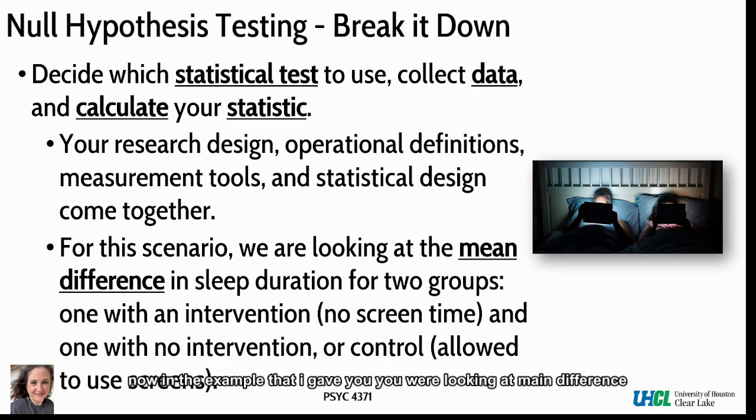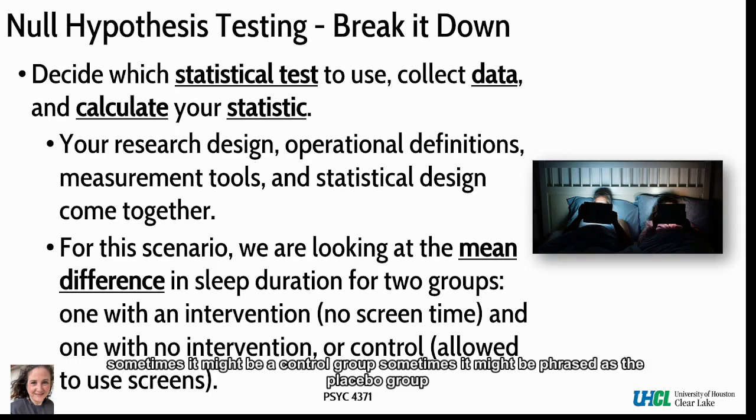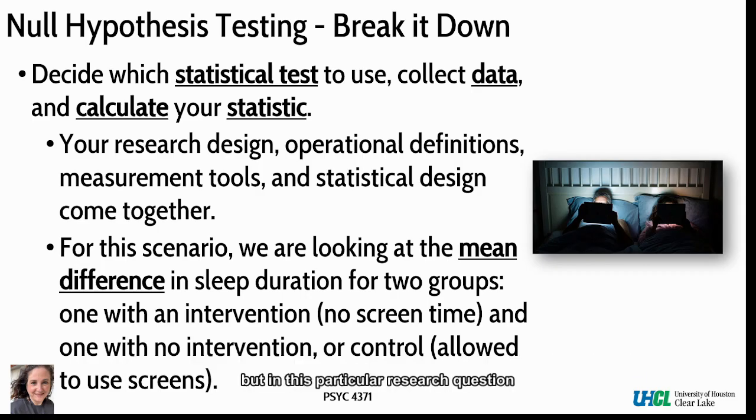Now, in the example that I gave you, you were looking at mean difference in sleep duration in two groups. One group got the intervention, and the intervention in this case was no screen time. Then you had a group that did not have an intervention. Sometimes it might be a control group, sometimes it might be phrased as the placebo group. But in this particular research question, the control group was allowed to use screens with no limits.